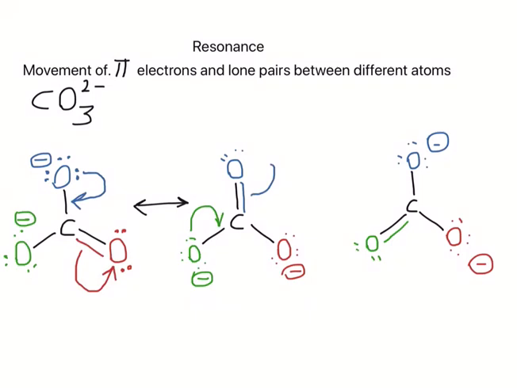For interconversion of the second form and the third form, one lone pair of the green oxygen forms a pi bond between green oxygen and carbon, and the pi bond between carbon and blue oxygen will break, and both electrons will collapse on the blue oxygen, and we will have the third form. And again, we use this double-headed arrow to show that these forms are resonance forms.